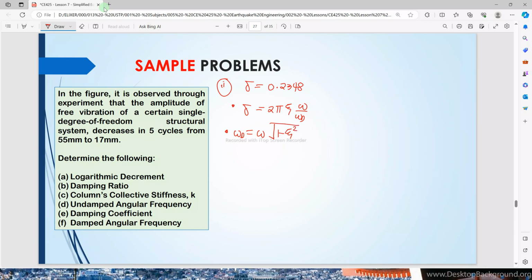If we take the ratio of the undamped natural angular frequency over the damped natural frequency, we will have 1 over the square root of 1 minus psi squared. So in this equation, delta becomes 2 pi psi times 1 over the square root of 1 minus psi squared.